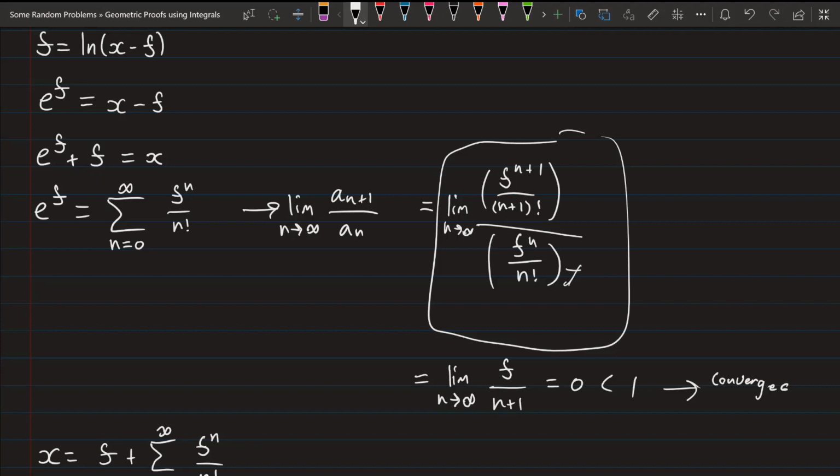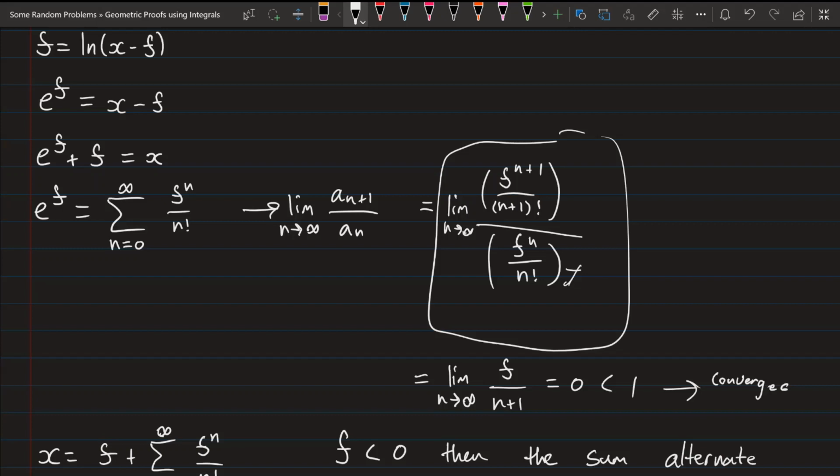Now, what can we do here? We can observe that this is going to alternate where f is less than 0. Then the sum part alternates.